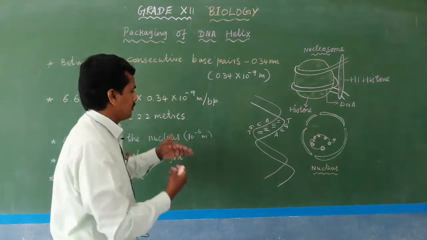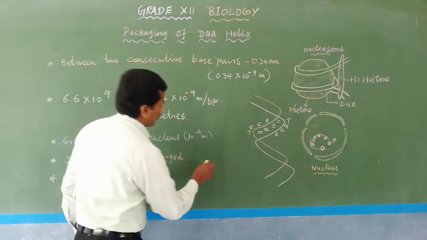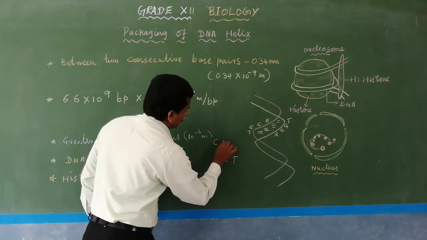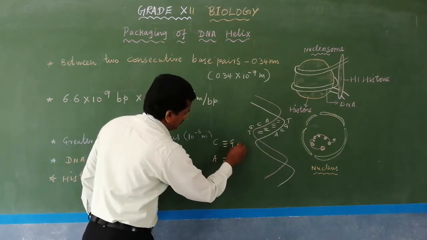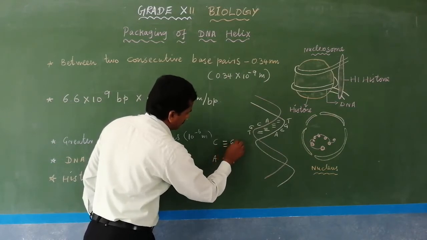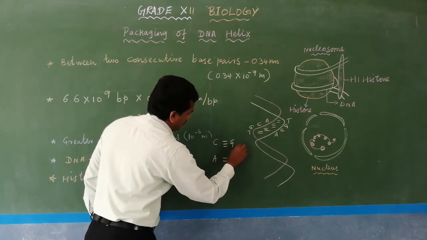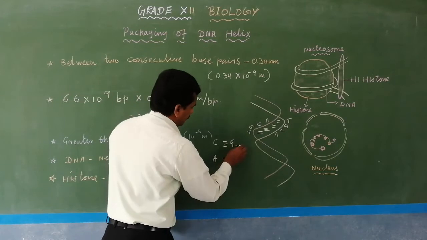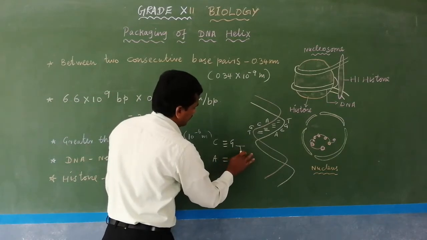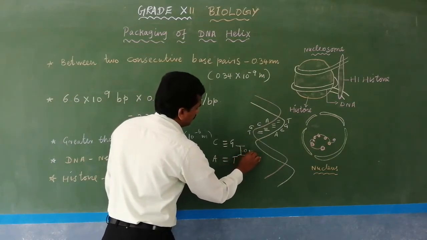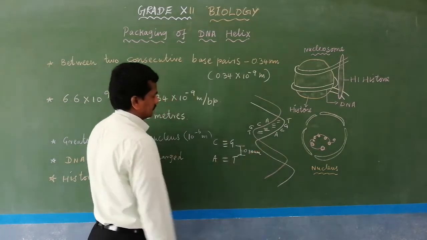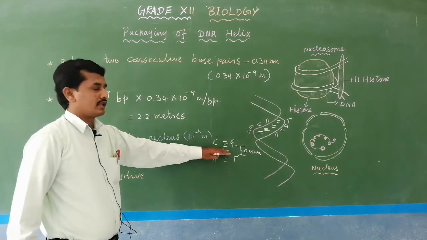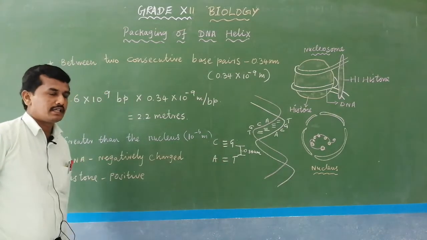Between adenine and thymine, and cytosine and guanine, the distance is 0.34 nanometer.